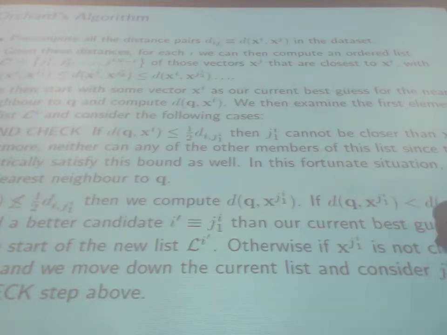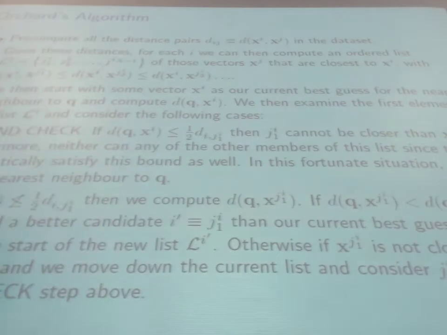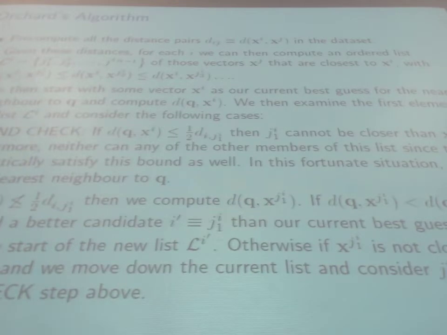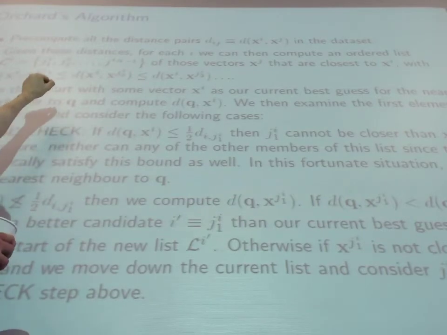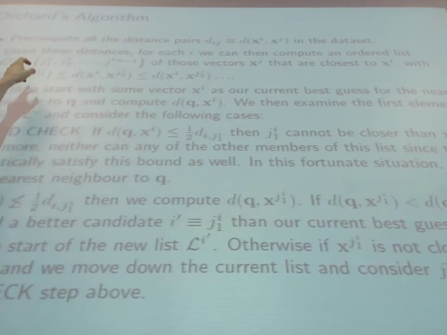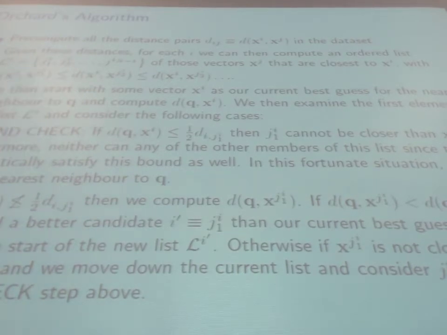So for the list for the ith variable, j1 means that the distance between xi and xj1 is less than the distance between xi and xj2, the second one in the list, etc. You just store here the indices of these vectors which are closest to xi, in increasing order. It's a lot to store because you have to do this for every data point.